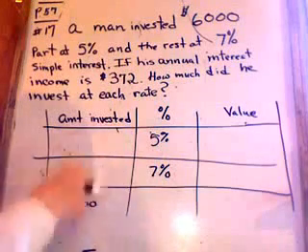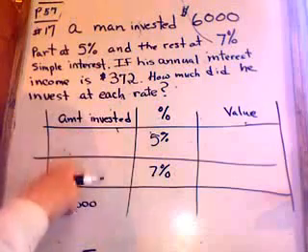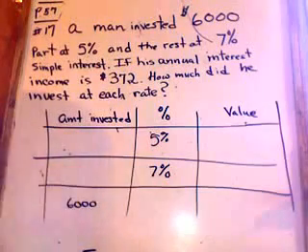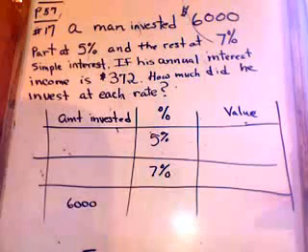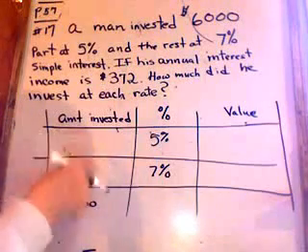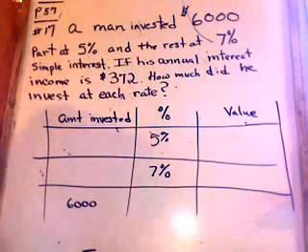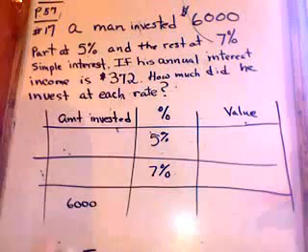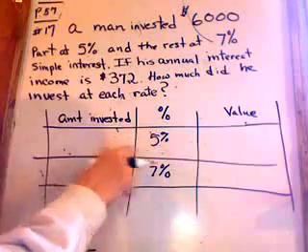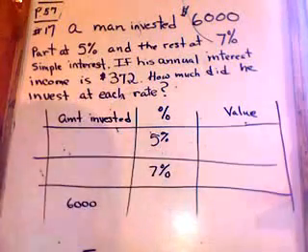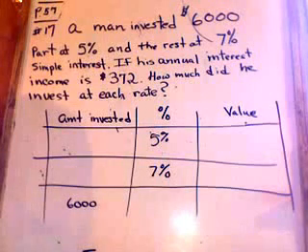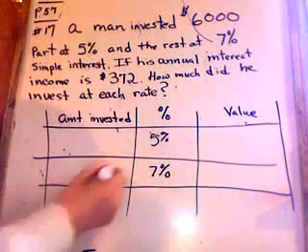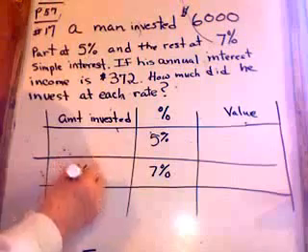So that means I have to divide up the 6,000 between these two percents. But they don't tell me exactly how to divide it. So I really don't think I should do 3,000, 3,000. That would just be too easy, and I don't think that was intended. And when you don't know, that means let one of these values be x. Now, I'm going to let the 7% be the x.